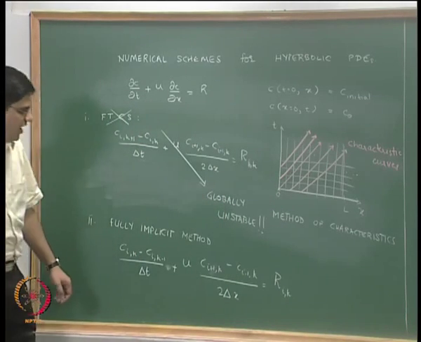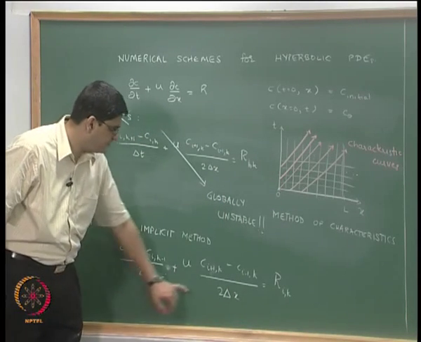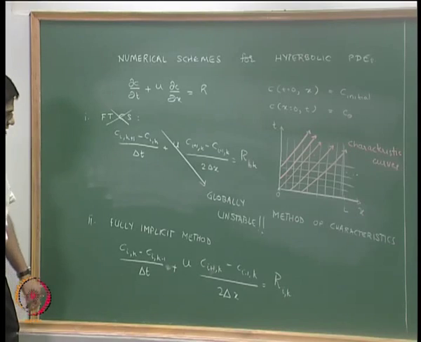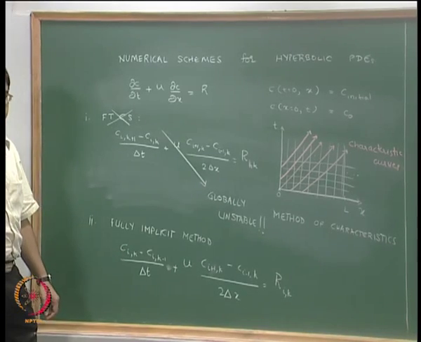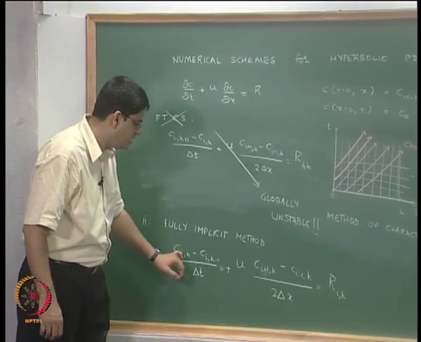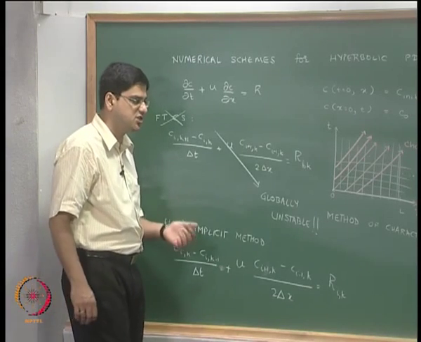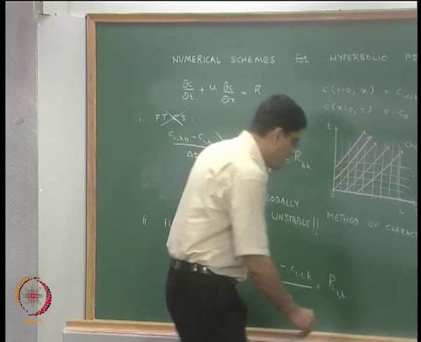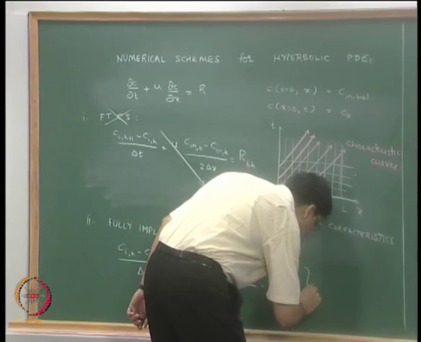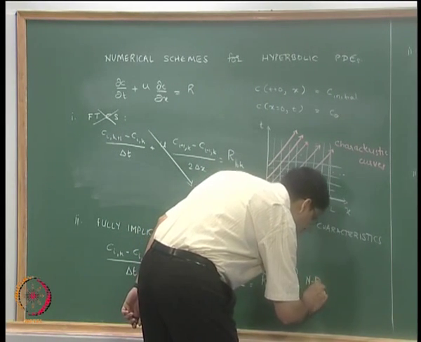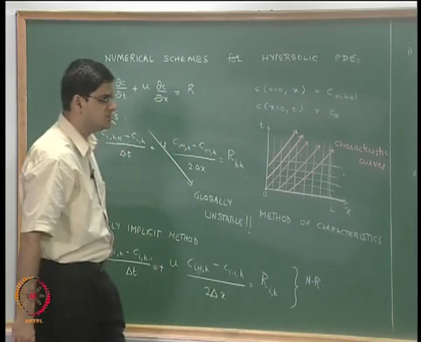Now if r is a nonlinear expression, we are going to have n nonlinear equations at every time k. We will have n plus 1 nonlinear equations in C1, C2 up to Cn plus 1, and we will need a nonlinear equation solving technique such as Newton-Raphson's method in order to solve these equations.